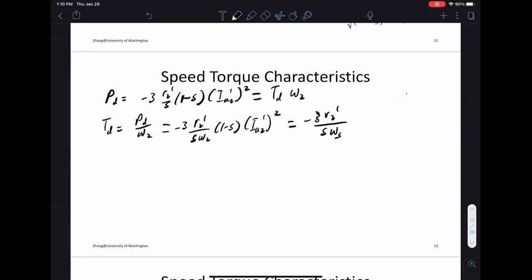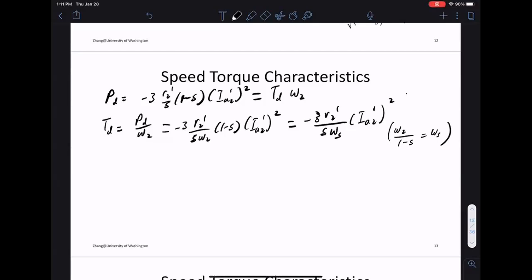So instead of the rotor speed, we can talk about things in synchronous speed. Both are equivalent ways of writing it: you can either leave the 1 over S outside or inside. So what we have is omega 2, 1 over S equal to omega S. It's by the definition of slip. So you plug in the definition of slip, and you figure out this is the equation that we have.